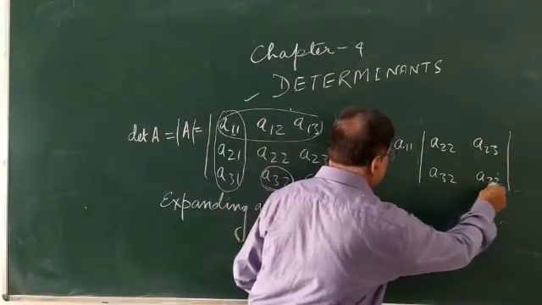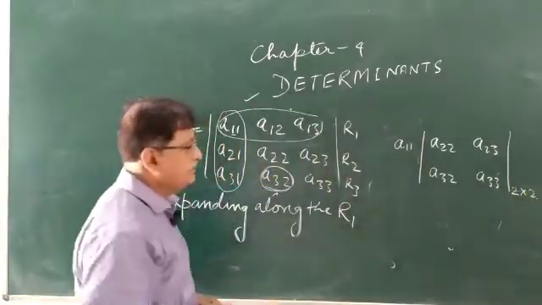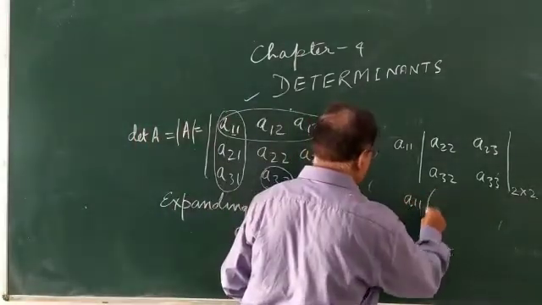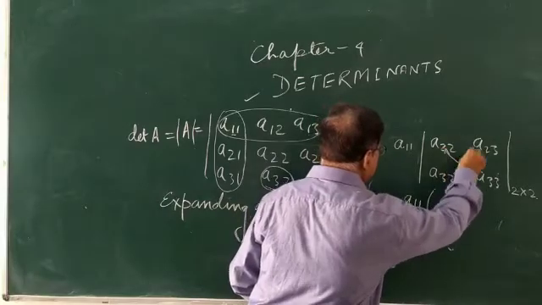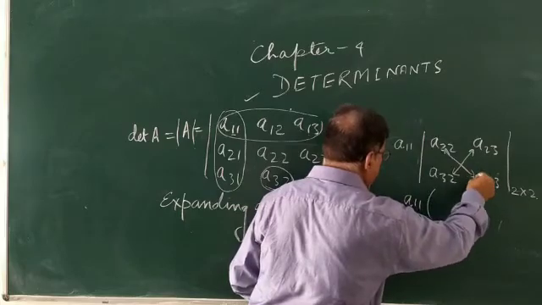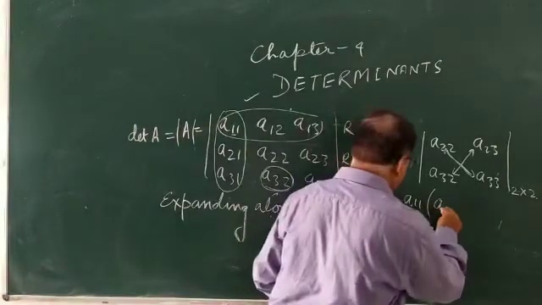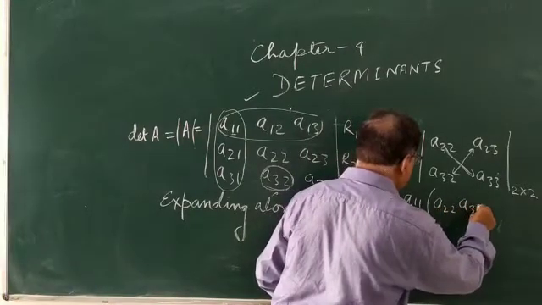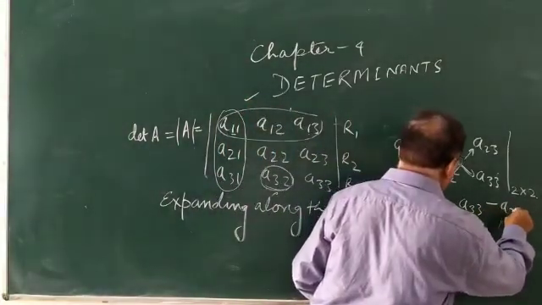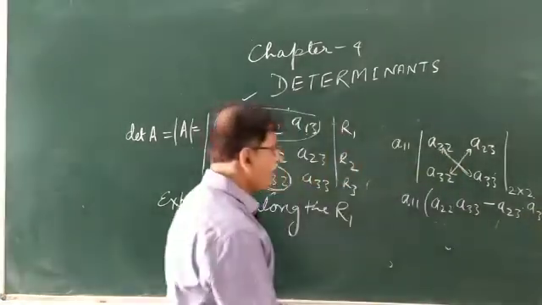This is the determinant of 2 by 2. How to write this? A11, this way you multiply from left to move this arrow, this way you move and write it. A22 into A33 minus A23 into A32, this one.